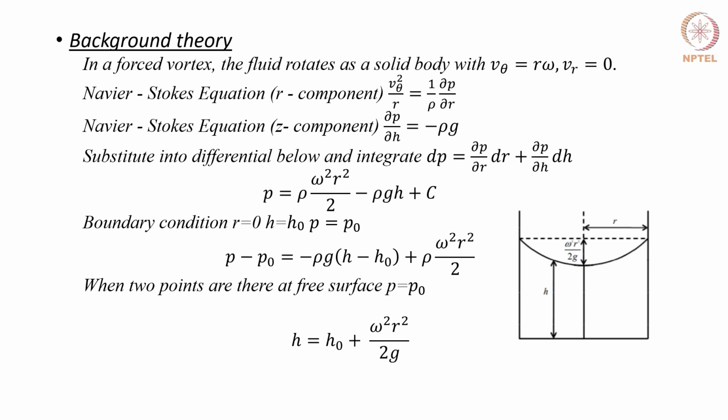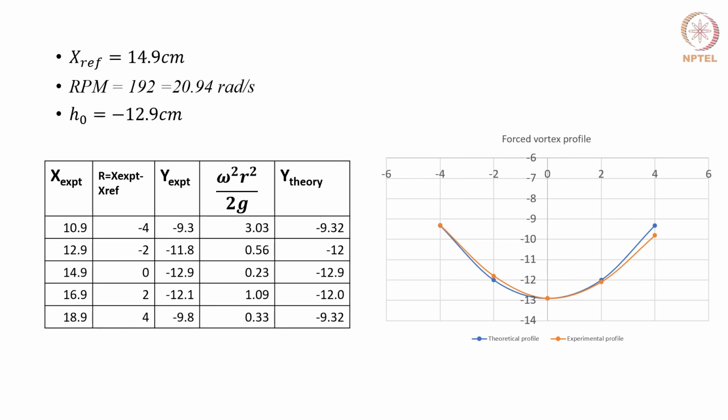Let's now move on to the experiment. With the tachometer we have measured the angular velocity omega, and it was found to be 192 rpm, which should be converted to radians per second, and here it is 20.94 radians per second. Now x reference is the x coordinate at which we have started measurements, and h naught is the height of the vortex when r is equal to 0.